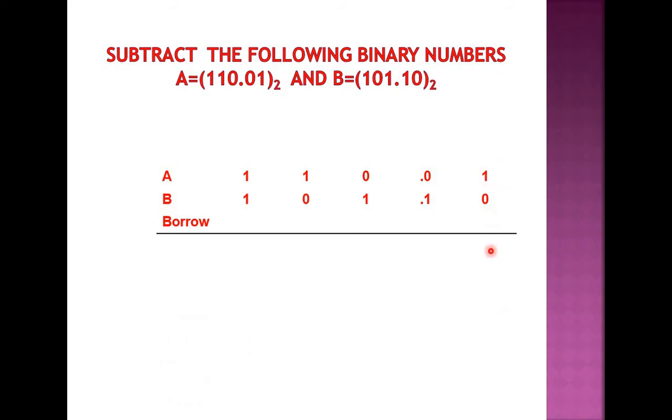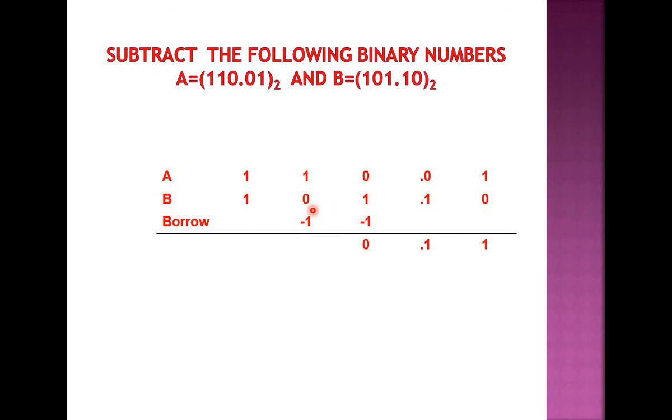1 minus 0 is 1. 0 minus 1, so again the subtraction result is 1 and the borrow is minus 1, so we write it here, and we also put the binary point here. Again 0 minus 1, so we have to take a borrow from the next column, so it becomes 10, and 10 minus 1 gives 1 with borrow 1, and that 1 is subtracted with minus 1, so 1 minus 1 is 0, but we have to write the borrow minus 1 here.